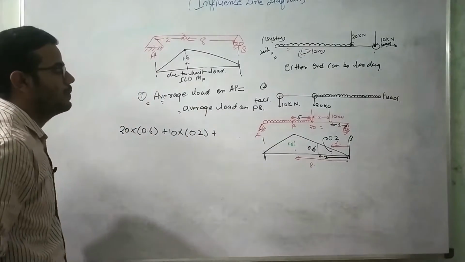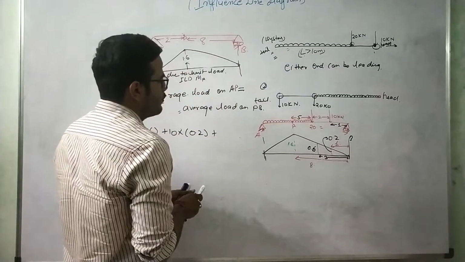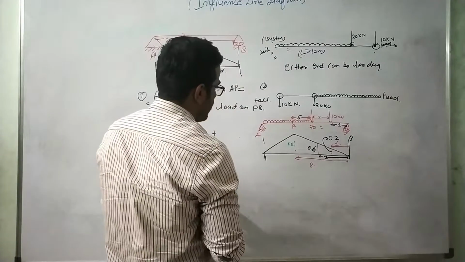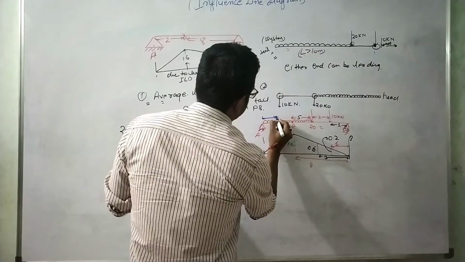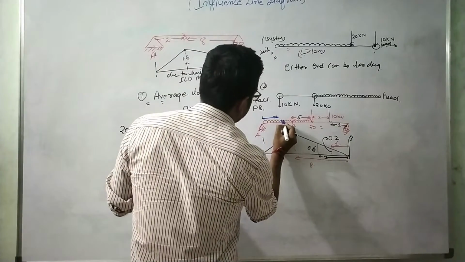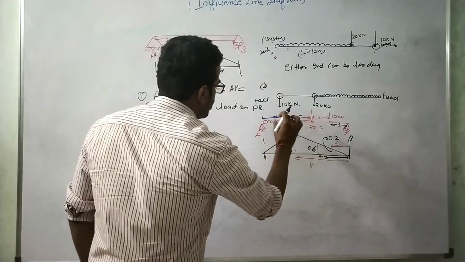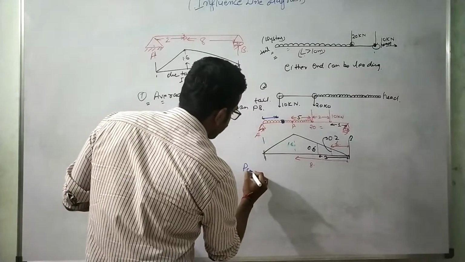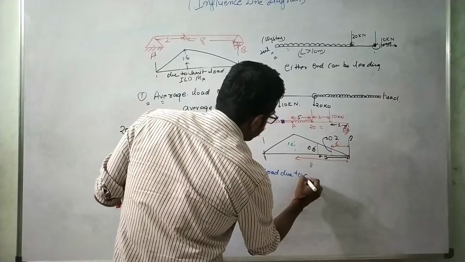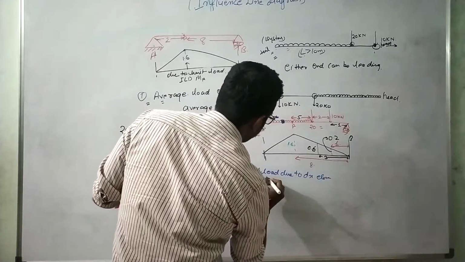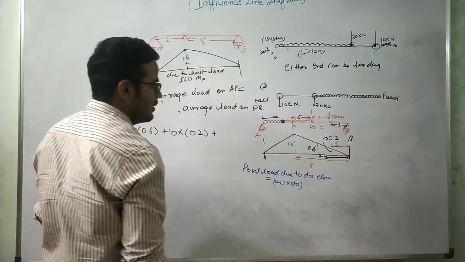Now the important thing comes about the UDL. Let us assume that at a distance of x, I'm assuming a dx element over here. The point load due to this dx element will be intensity of UDL into length of that element, that is W into dx.